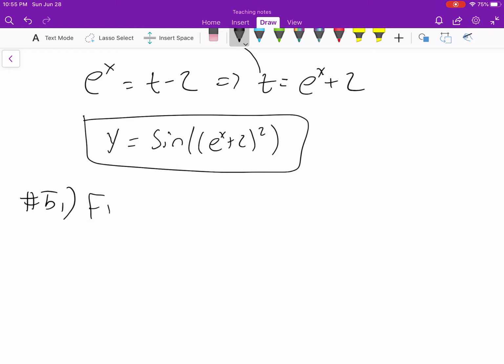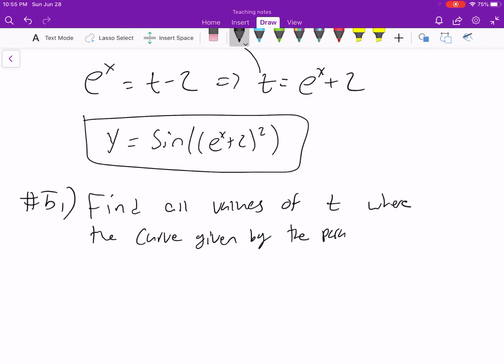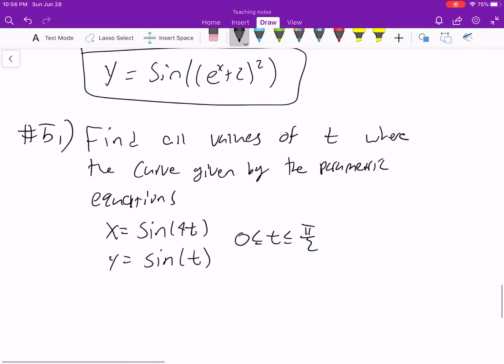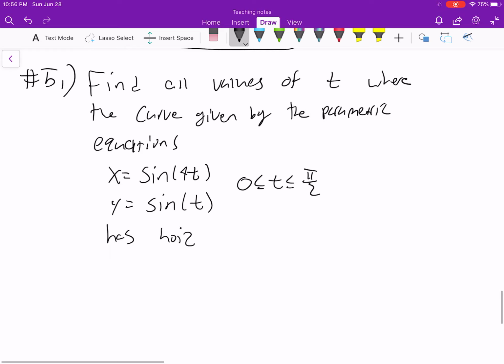Find all values of t where the curve given by the parametric equations x is equal to sine of 4t, y is equal to sine of t, and t is between 0 and pi over 2, has horizontal or vertical tangents.